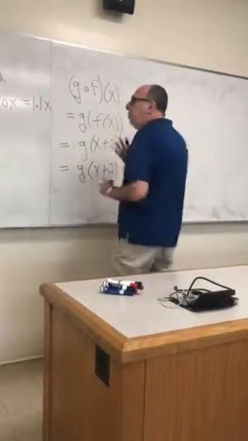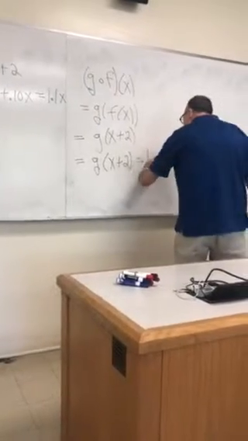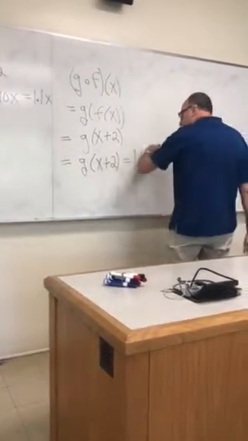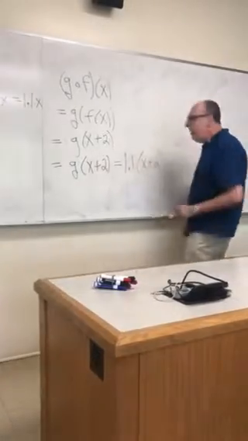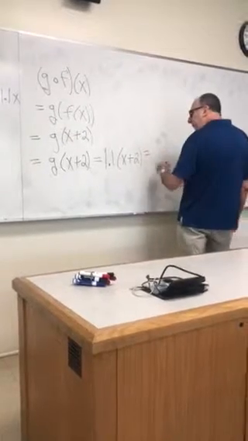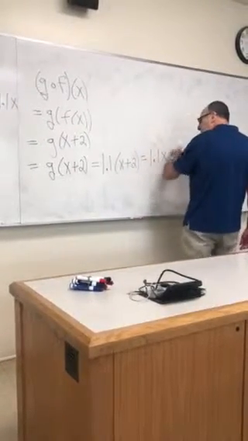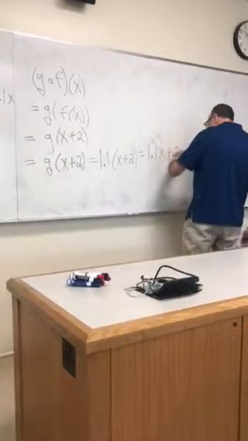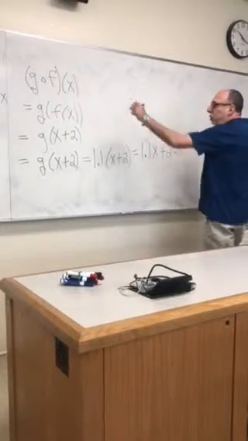Now, what does g do with its input? It multiplies it by 1.1 times the x plus 2. Okay, so this gives us 1.1x plus 2.2.